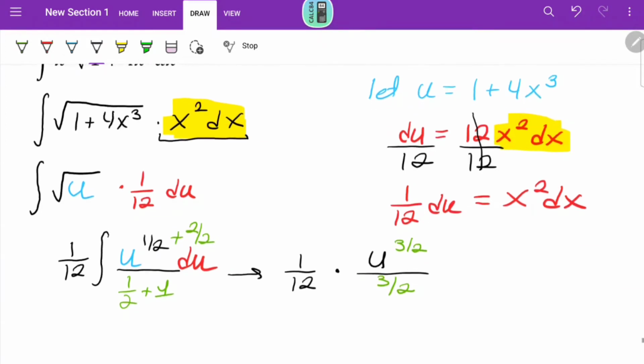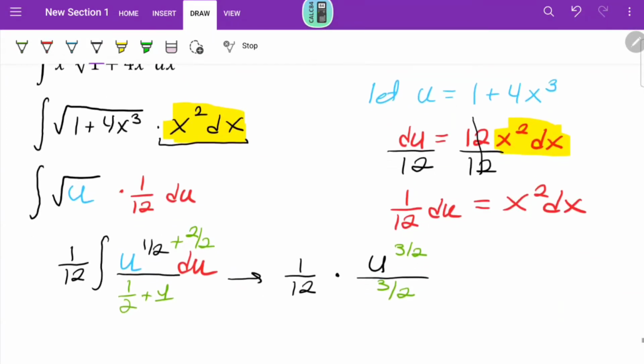Let's clean that up by utilizing keep, change, flip. Keep the 1/12 in front, times the top, which is u to the 3/2. Change this division to multiplication. Flip the second fraction to make that 2/3.